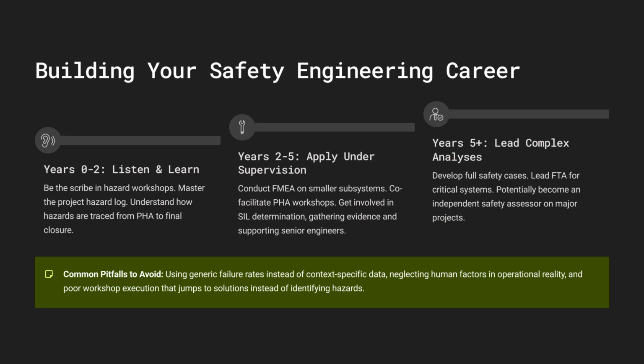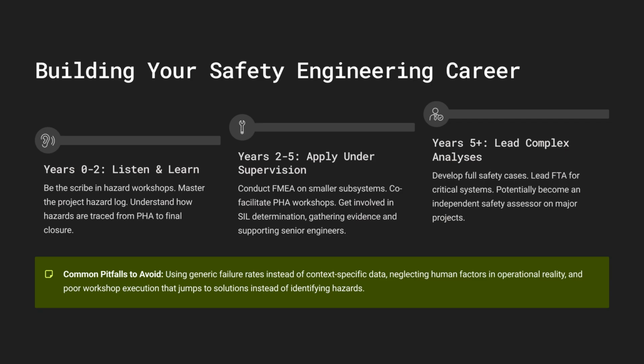Okay, let's talk about avoiding mistakes. What are the common pitfalls that you see tripping up engineers, especially early career ones, when they're working on safety processes? Good one. Pitfall number 1, using generic off-the-shelf failure rates. You see engineers pulling component failure data straight from standard handbooks. What's wrong with that? Because those handbook values are usually based on ideal conditions. Railway equipment operates in brutal environments.